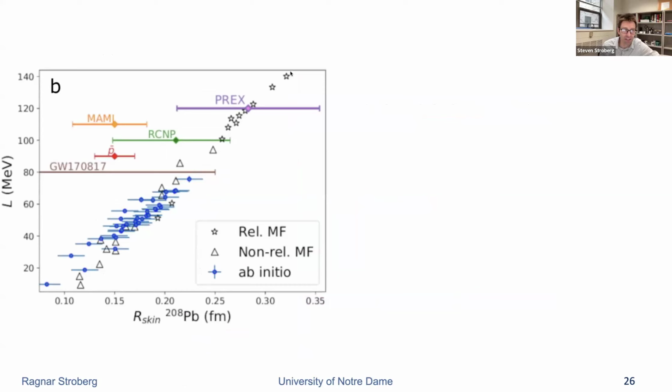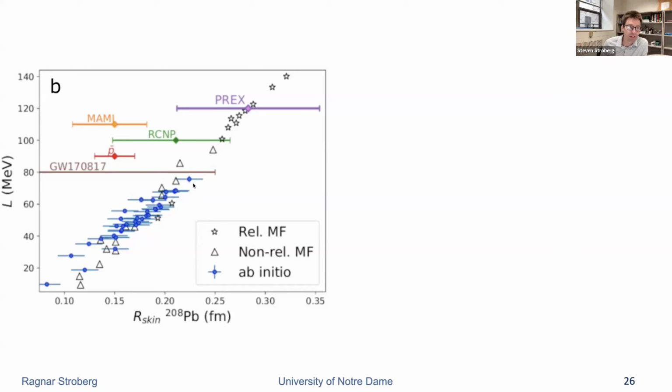These open symbols show the mean field theory. There's that correlation, and we overlay some sampled calculations from the ab initio, and it lies right on top, which is great. It shows that we see the same correlation, and it lies on the same line, which is very encouraging.